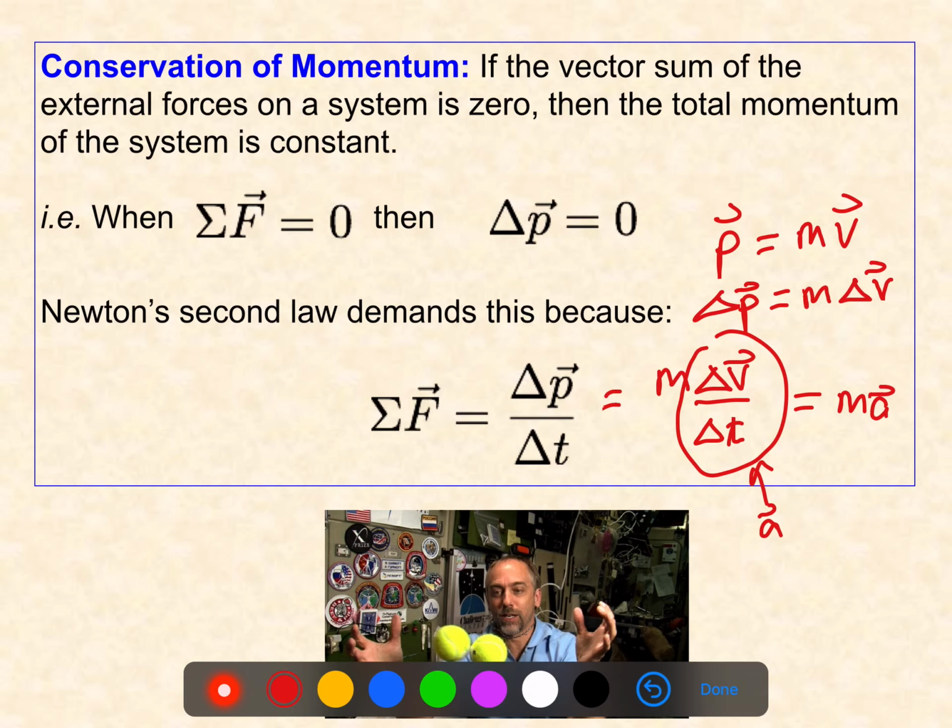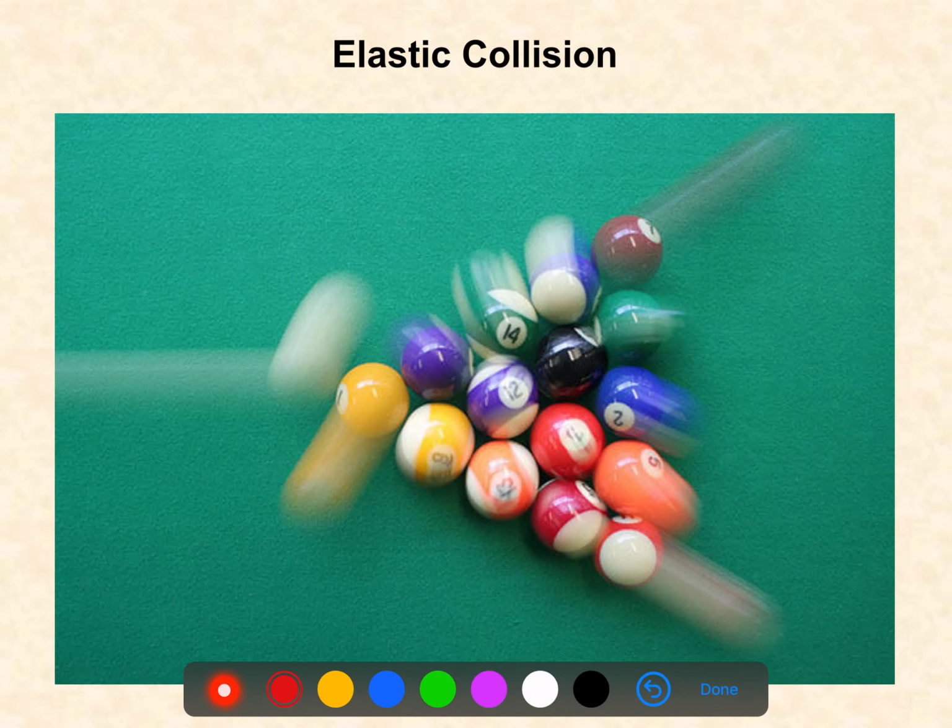Okay, so anytime this left-hand side of the equation is equal to 0, then the only thing that can make that 0 is if my change of momentum is also going to 0. So that's why you can really think about the law of conservation of linear momentum as a consequence of Newton's second law.